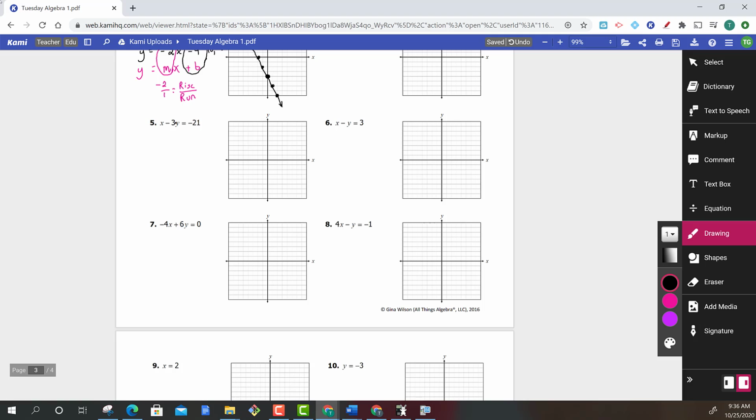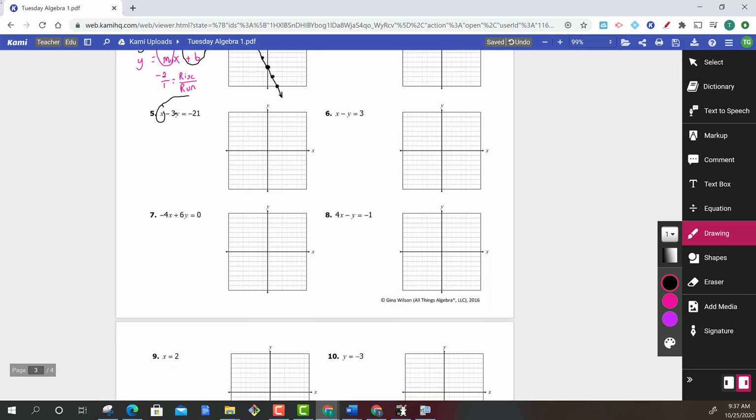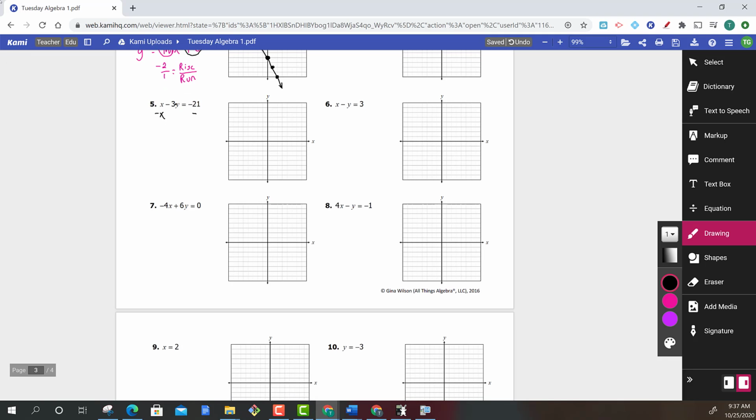So before we get rid of that -3, let's focus on moving the x to the other side. That is a positive x. So that means it's going to be a negative x when we move it to the other side. Algebraically, what we say is we subtract x from both sides.